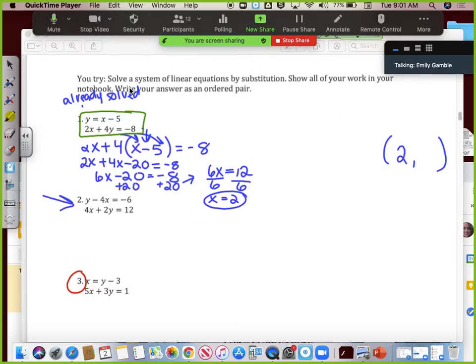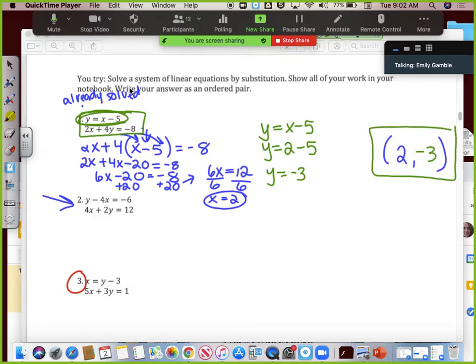I would say the first one is easier because it's already set to be what y is equal to. The equation y equals x minus 5 is the easier one to use. You put 2 in for x and solve for y. We get y is equal to negative 3. That means your final answer is 2, negative 3. That's where these two lines cross, and we solved it with substitution.